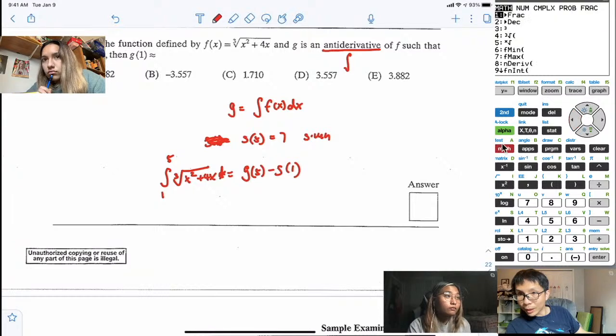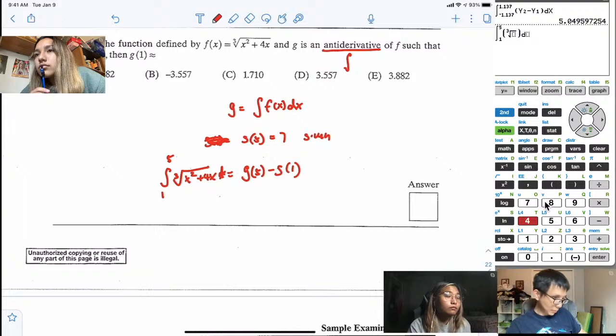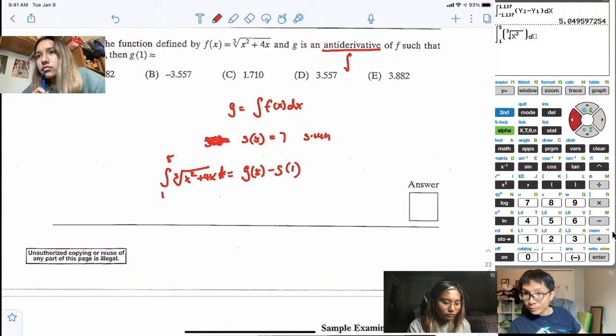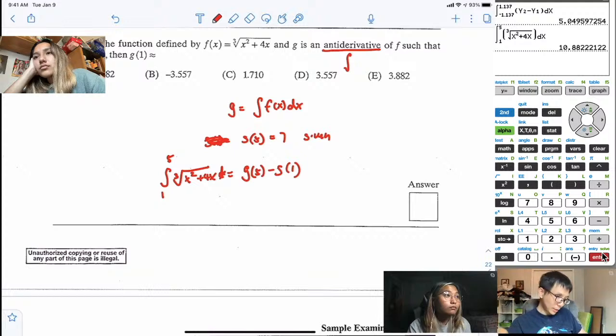So let me do math, 4, there we go, of x squared plus 4x, and dx. And then boom, you got 10.88.